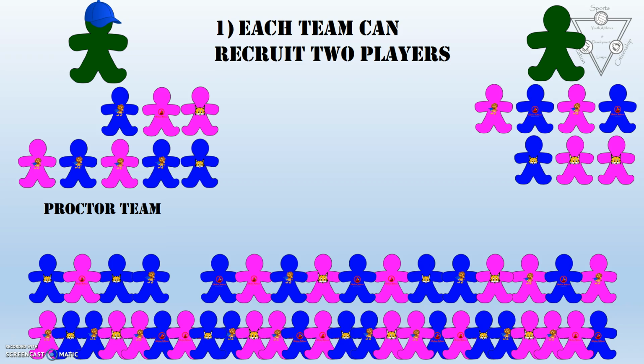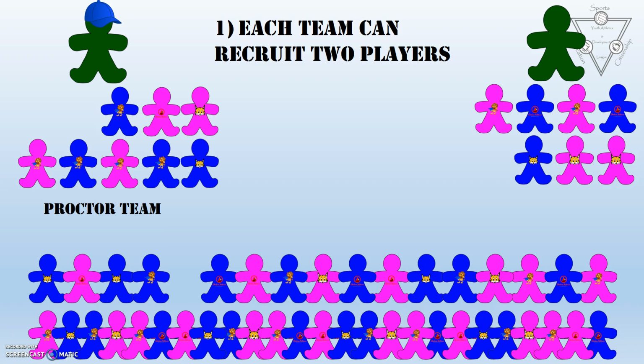The reason I do this is I don't want anybody to be able to stack their team. I've seen this happen in basketball leagues. I've seen it happen in volleyball leagues, where all the good players end up on one team because all the good players want to play together and win. And, of course, the coach wants to win too. And so you start cherry-picking the rest of the league, and next thing you know, you have 1 or 2 dominant teams and a bunch of other teams that don't compete as well.